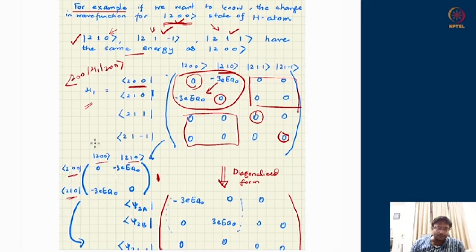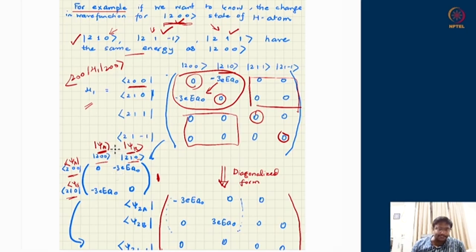So can I find a new basis, psi A and psi B, let us say? Here I will get psi A and psi B from a linear superposition of these two wave functions. Can I combine them in such a way as to land up on two different states psi A and psi B such that they become diagonal? Okay, the idea is clear. You have to just combine these.